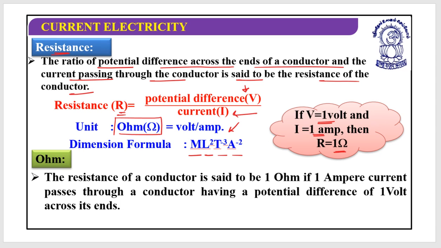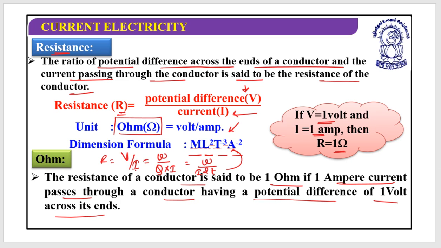You can easily derive this with R equals V by I. For V, I can replace it with work done divided by charge, multiplied by I, and Q can be replaced by I into T. So this equals I squared T, and the rest of the thing you know. So the resistance of a conductor is said to be 1 ohm if 1 ampere current passes through a conductor having a potential difference of 1 volt across its ends.